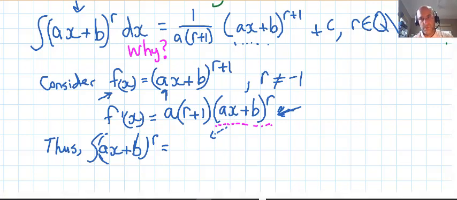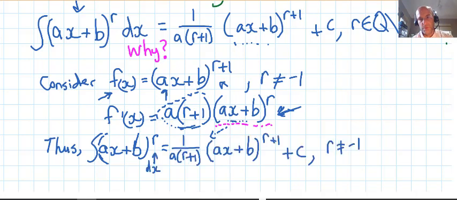Considering these are just coming together as a constant or a real number, we will get back to this here with the reciprocal of this, because we have to divide by that just to get this bit by itself. And there's that same result. So again we get 1 over a by r plus 1 by ax plus b to the r plus 1 plus constant, and r does not equal -1.